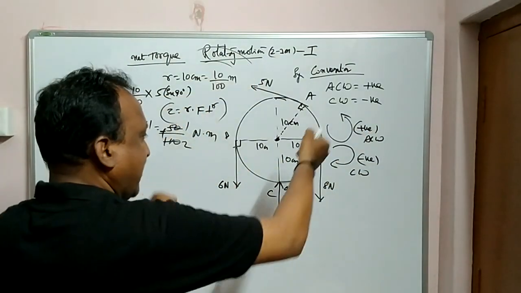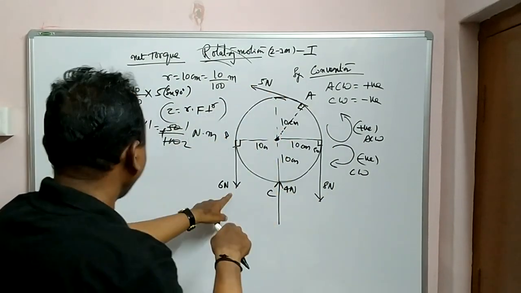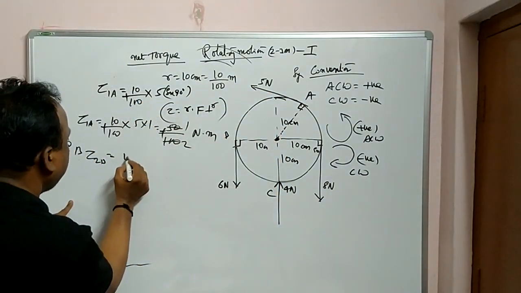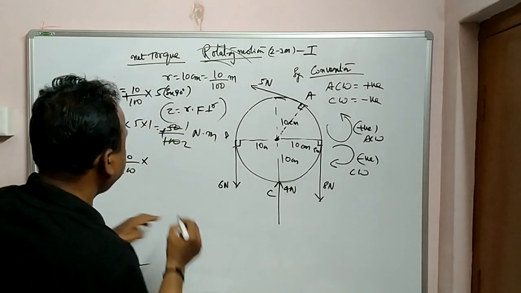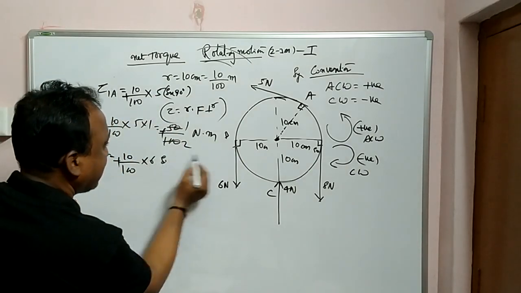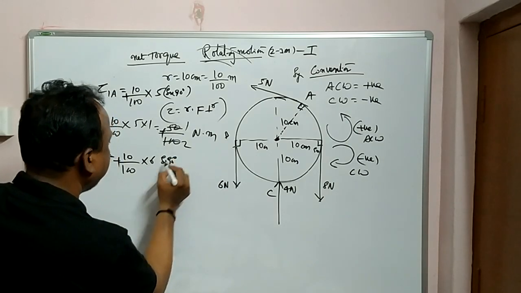Here also, again, what is the direction? Anti-clockwise. So here also it is the same formula: 10/100 into positive value F sin theta, that is 6 sin, what is the angle? Perpendicular, 90 degrees.